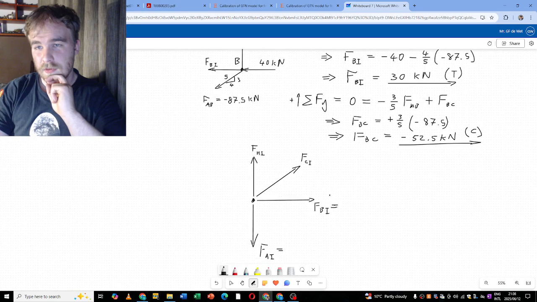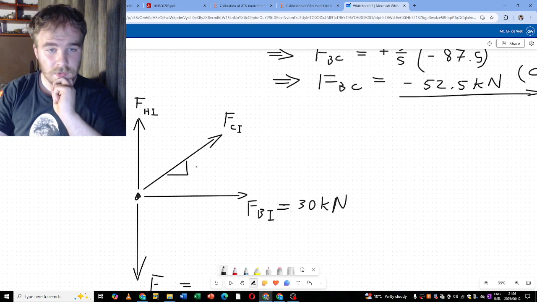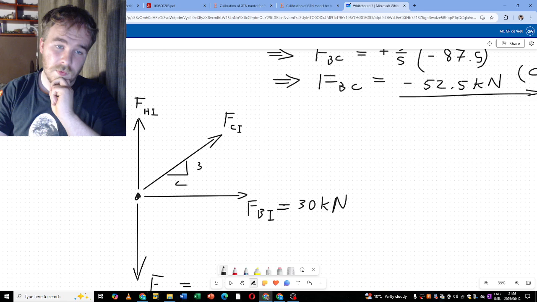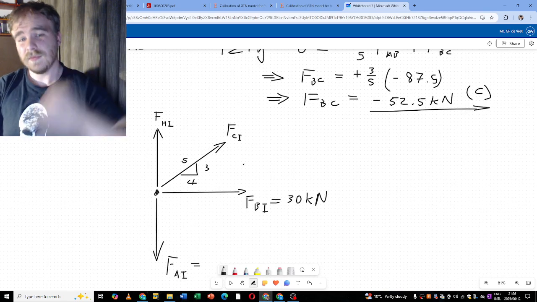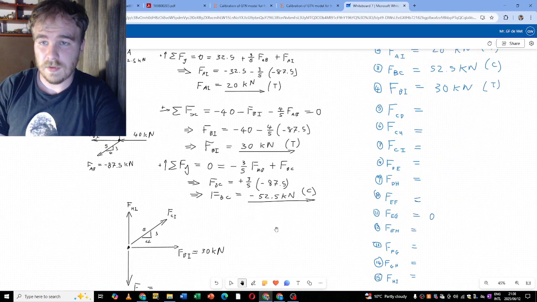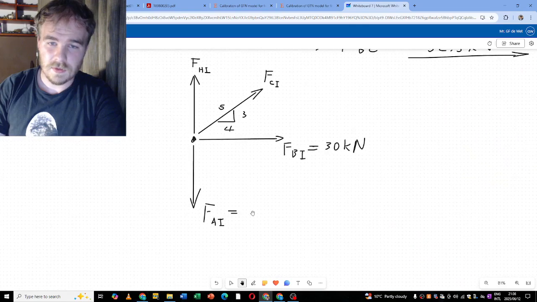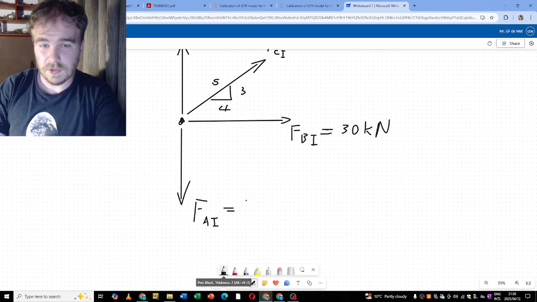And FBI is equal to 30 kilonewtons. Oh, just one's direction. Let's quickly fill in that. It's 3 up, 4 to the side, 5 in total length. And FAI, that's the one I can't quite remember, is 20 kilonewtons. So they're all nicely in the positive direction, so this should be fun.